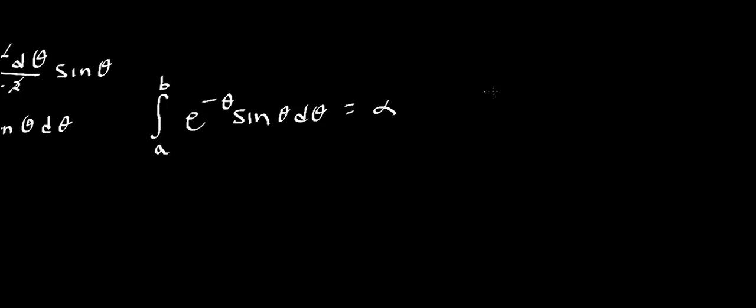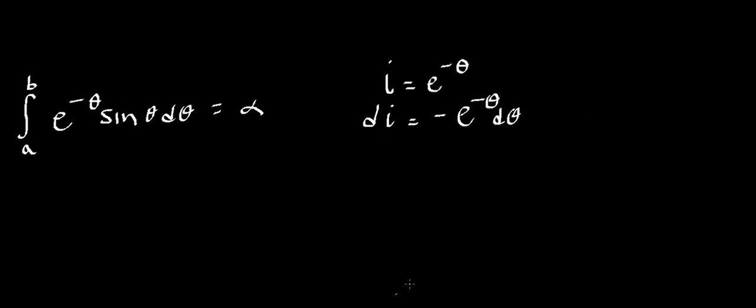Let's say I is equal to e to the minus theta, so di is equal to negative e to the minus theta d theta. So let's say dj is equal to sine of theta d theta.